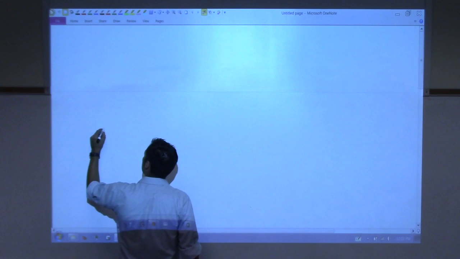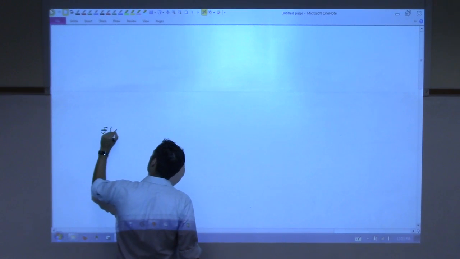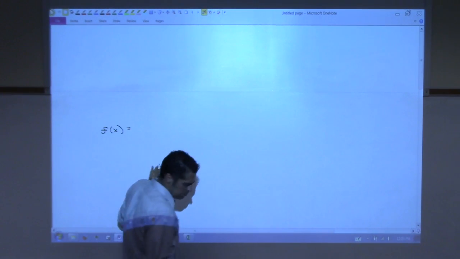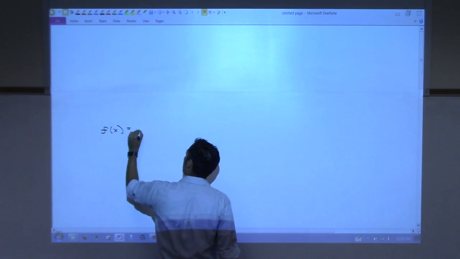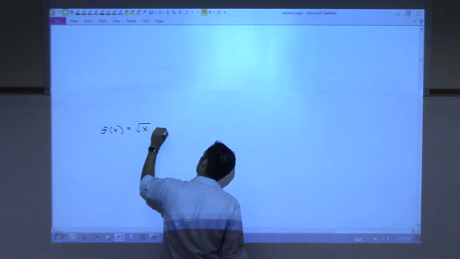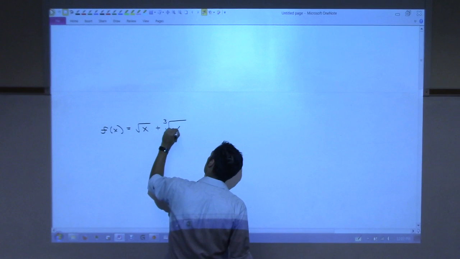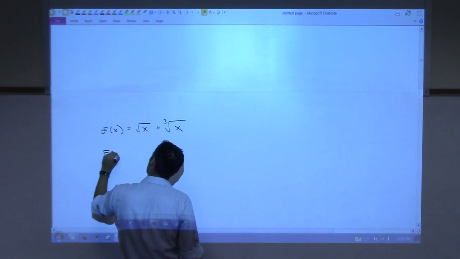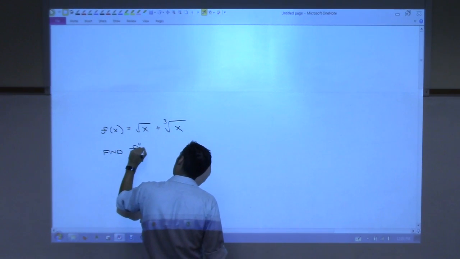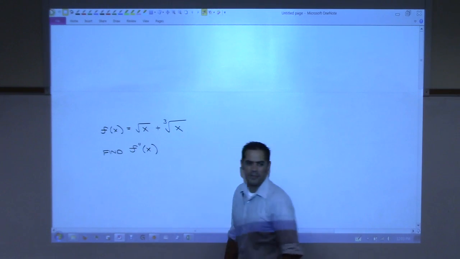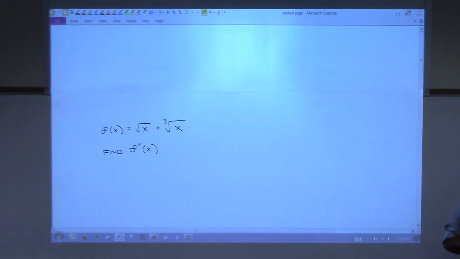How about this? Let's say f of x is equal to square root of x plus cube root of x. I ask you to find f double prime of x. F double prime. The derivative twice.